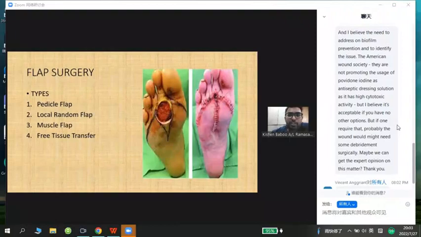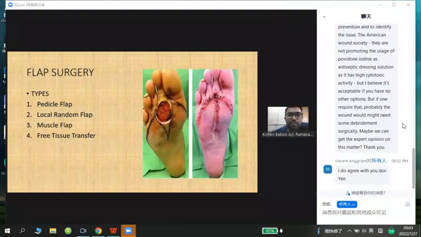Flap surgery is another option: pedicle flaps, local random flaps, muscle flaps, and also free tissue transfer. This is usually done in a larger wound, and also when we have a wound over the base of our foot, because how humans are made is that the foot usually has a thick amount of fat, which, like I said earlier, helps to disperse the pressure.